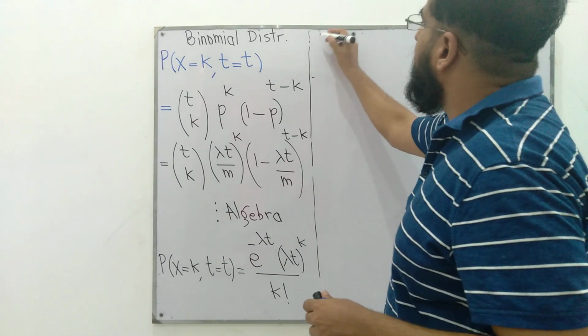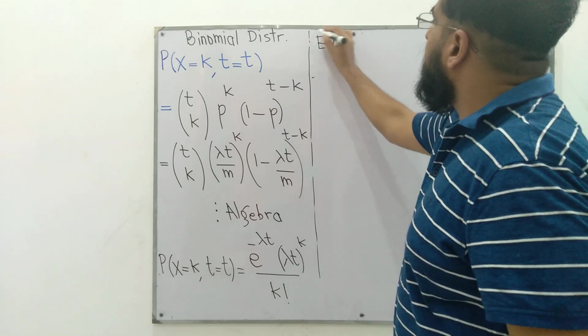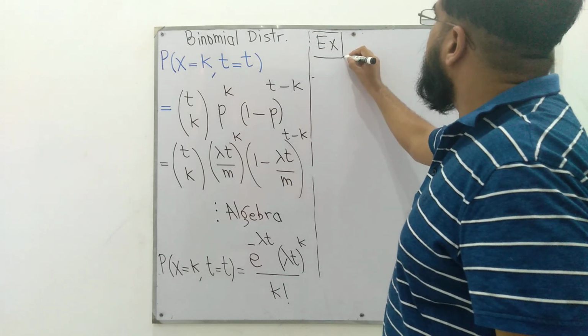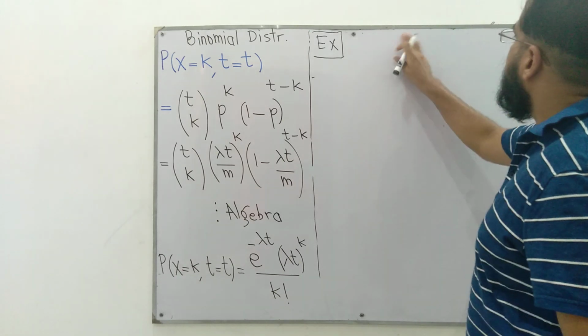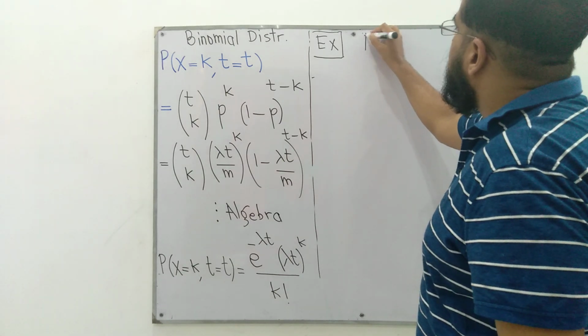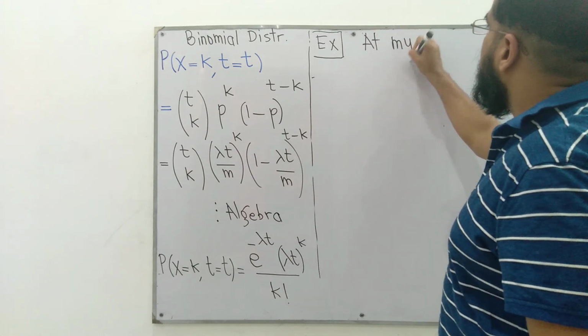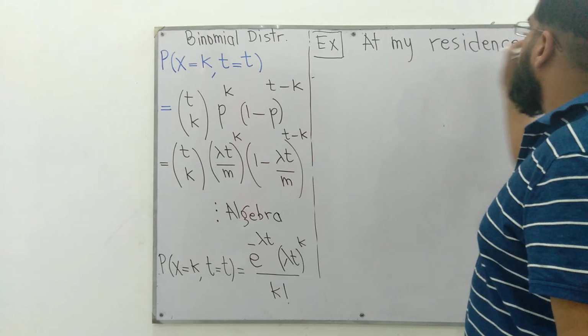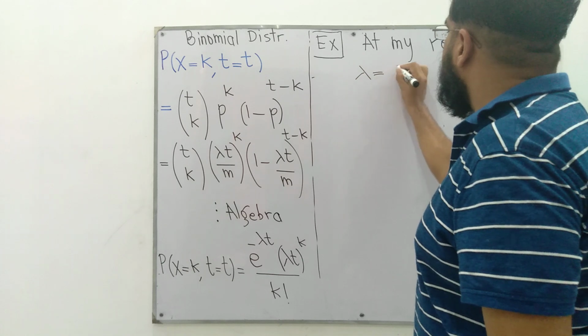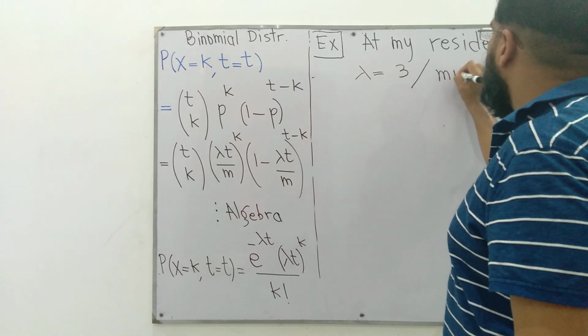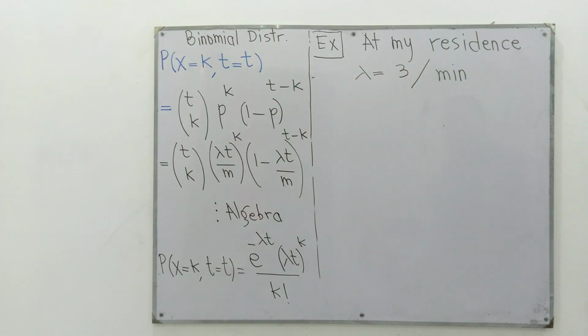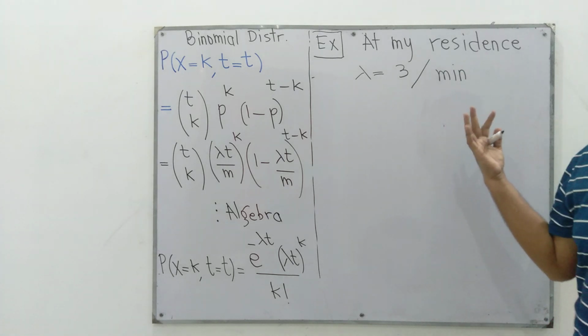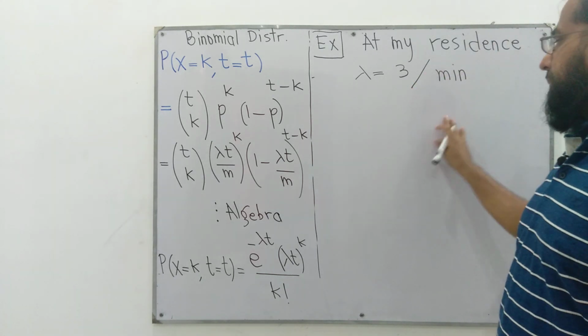An example, we'll keep the example that we solved in the last lecture, where at my residence the number of fluctuations in AC voltage is 3 per minute. So this is lambda, 3 fluctuations in a minute.